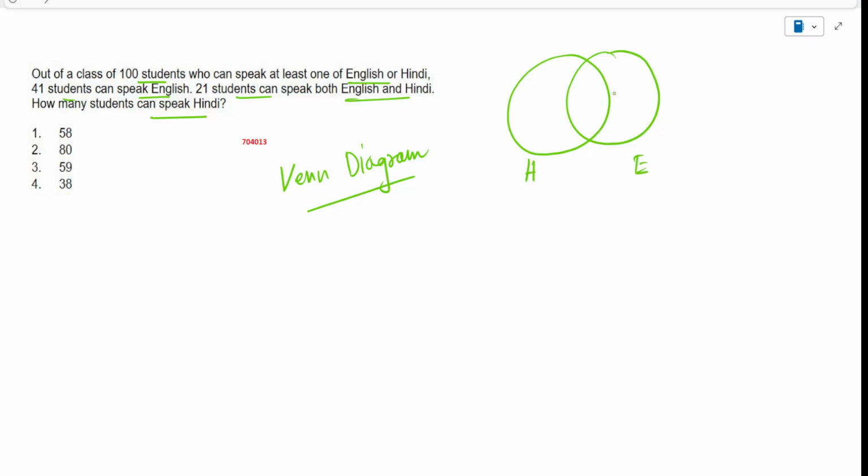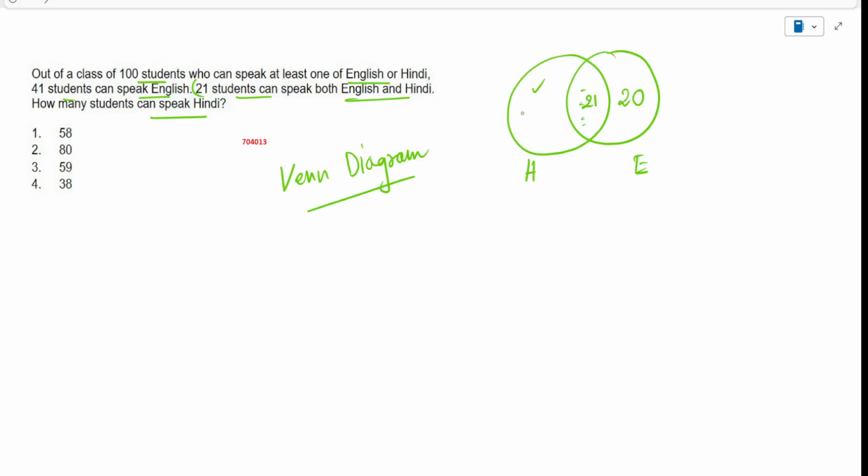So this is the Hindi case, and this is the English language case. So first, this portion is the common portion, and it says that 21 students can speak both languages. So this is 21. Now the total number of students is 100, and 41 can speak English. Therefore, here, in this box we put 20, because 20 plus 21 is English. Now we put the remaining number of students here, so that the total is 100 students in the class.